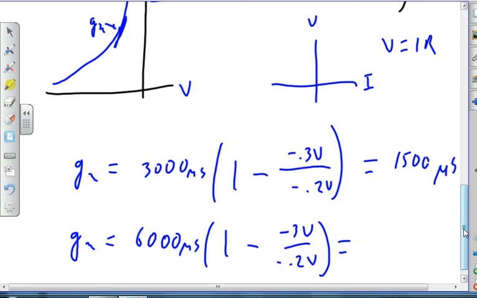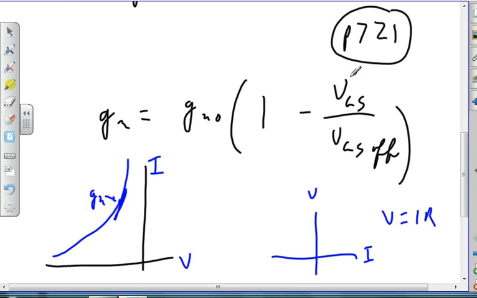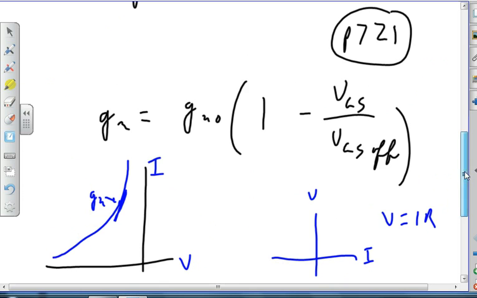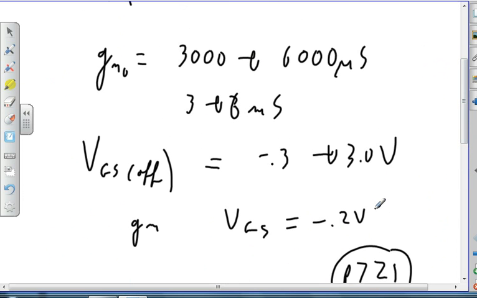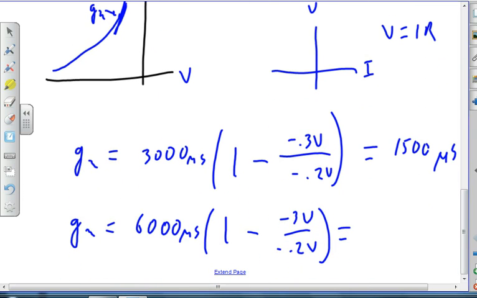All right, so I look back at my formula. There's my VGS on top, VGS off on the bottom. VGS off, oh yeah. Now you tell me. All right, so we want 0.2 volts on top with a minus sign.